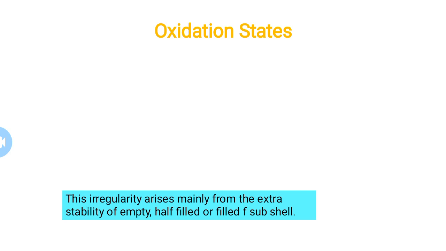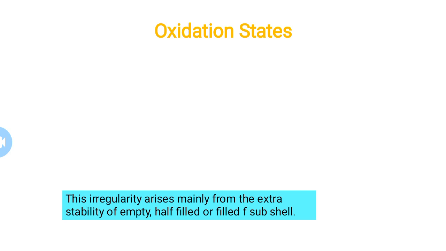Ionization potential is comparatively low in f block elements, so the lanthanide elements are highly electropositive. These lanthanides exhibit +2, +3 and +4 oxidation states. Under suitable conditions they form +2 and +4 oxidation states, but generally they form +2 and +3.